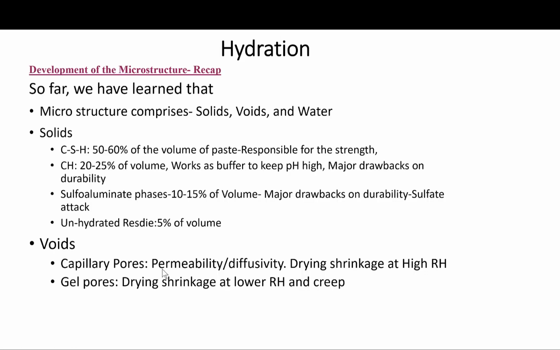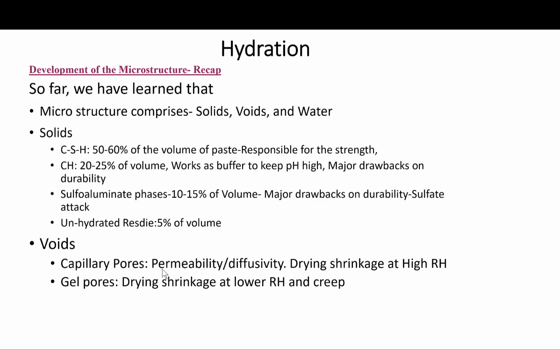I know we have discussed many things in this lecture, so let me just try to summarize and recap quickly what we talked about. The microstructure comprises solids, voids, and water. The solids: calcium silicate hydrate, 50 to 60% of the volume of the paste, responsible for strength.